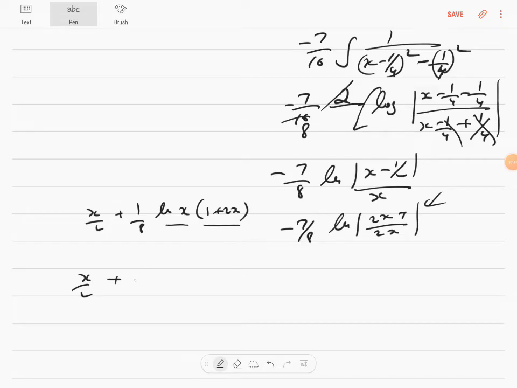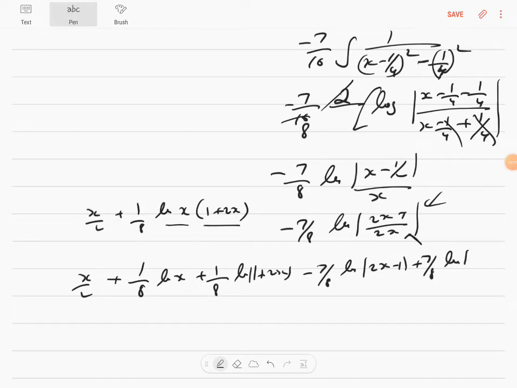So 1 by 8 into log x plus 1 by 8 into log of 1 plus 2x, minus 7 by 8 into log of mod of 2x minus 1. This is subtraction, logarithmic subtraction. So minus 7 by 8 will become plus 7 by 8 into log of mod of 2x.